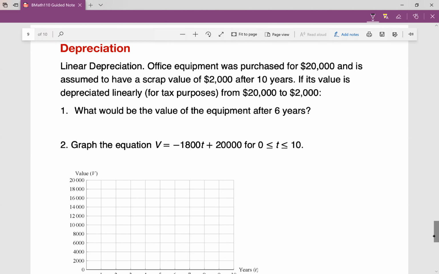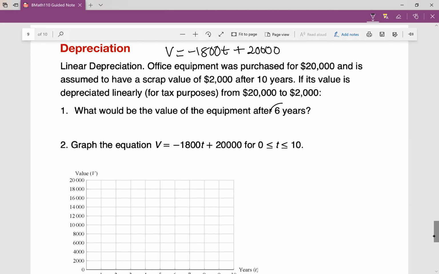In the same context, what would be the value of the equipment after 6 years? So we already have the equation V equal to negative 1,800 T plus 20,000.